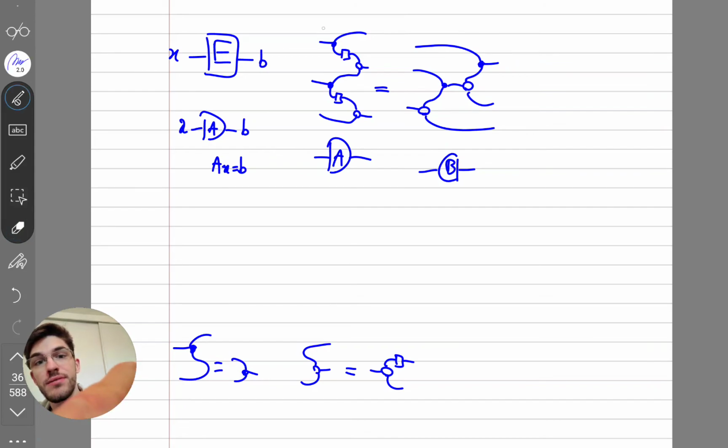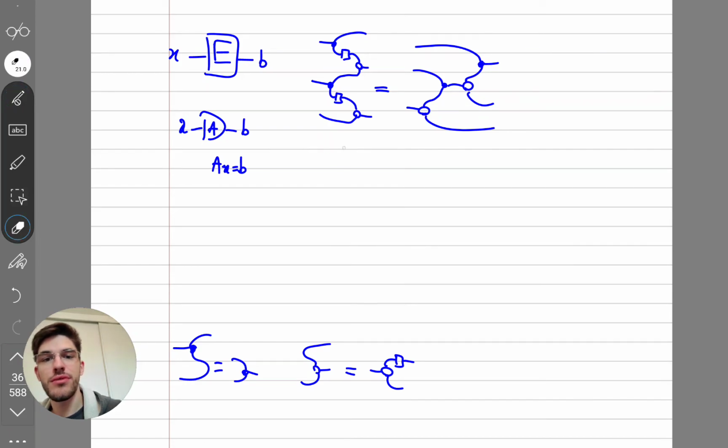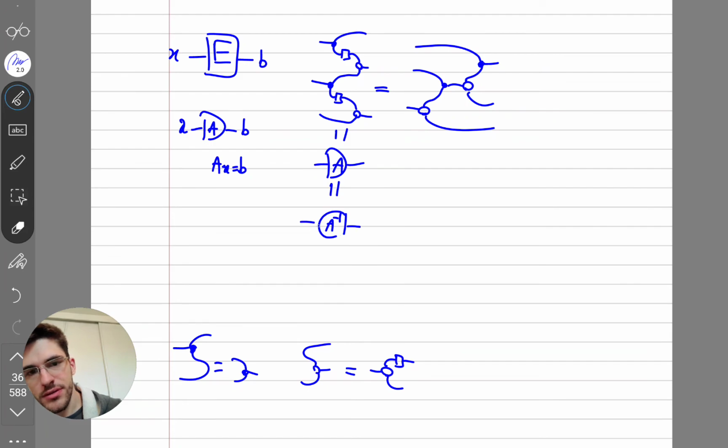But this one is written in a way that is clearly computable from left to right, and this one is clearly computable the other way around. Both of them are equal to A, and they're also equal to A minus 1 going the other way around. That's what the inverse means.